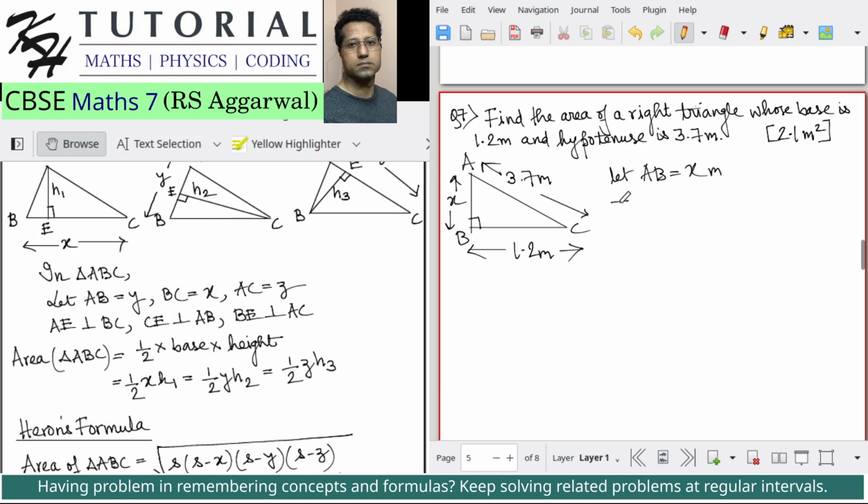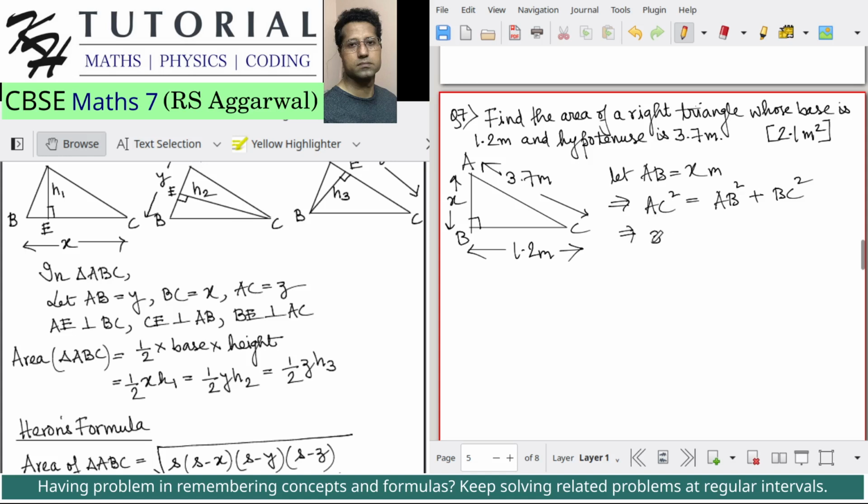Using Pythagoras theorem, since this is the right angle triangle, we will have AC square, that is hypotenuse square, is equal to the sum of the squares of the legs, that is, AB square plus BC square.